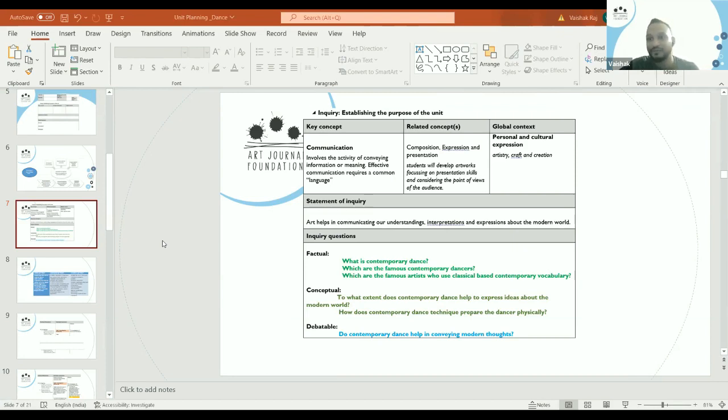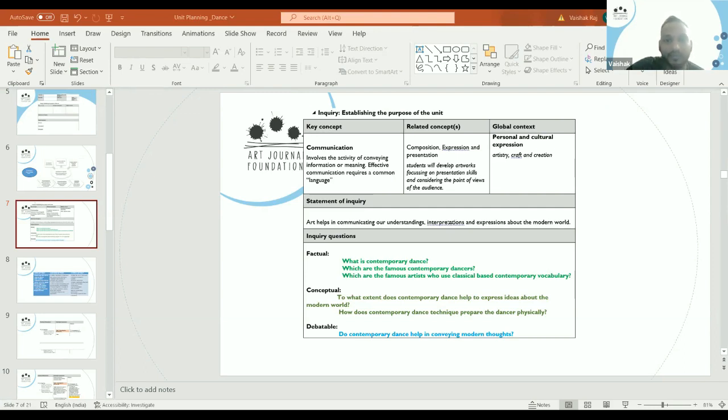Because then you'll have your contemporary dancers and classical dancers also exploring. So for the debatable question, you do class debates in your class whenever you get time, 5 minutes, 20 minutes or something. Use these debatable questions there. Do a class-led debate. You'll find amazing resources and evidence that you'll get.